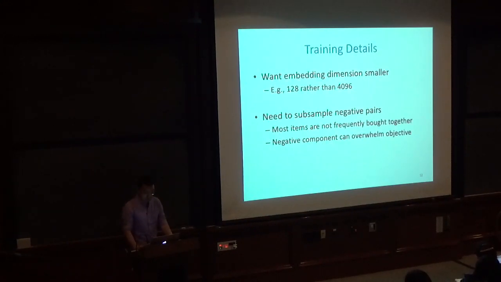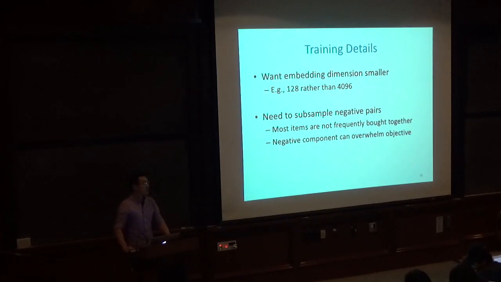Okay, there are some details that the authors had to deal with. First of all, you want a smaller embedding. 4096 is too large, so they typically use something smaller than 4096 for the final layer. And for the negative pairs, it's actually kind of interesting, right? We don't have explicit negative pairs. People on Amazon don't tell you these two pieces of clothing do not fit to each other.